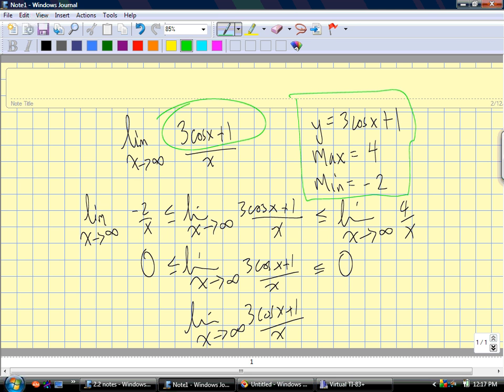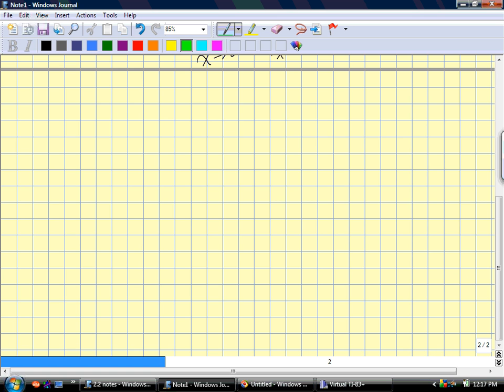This is going to be really contrived, but here's one where it's not 0. The limit as x approaches infinity of sine x over x plus 1. So y equals sine x has a range between -1 and +1.